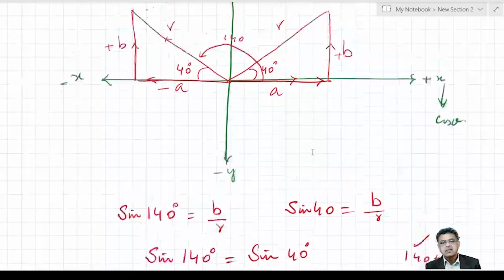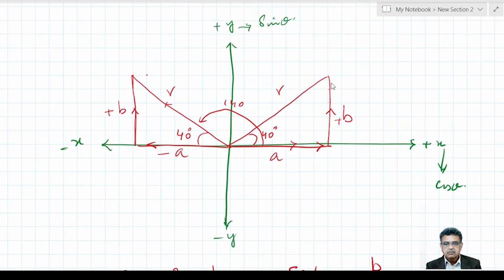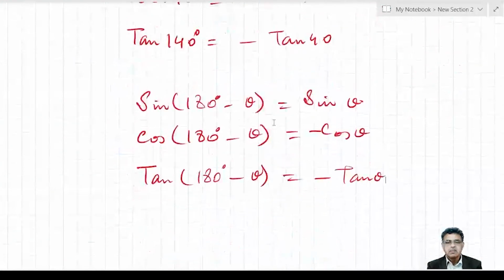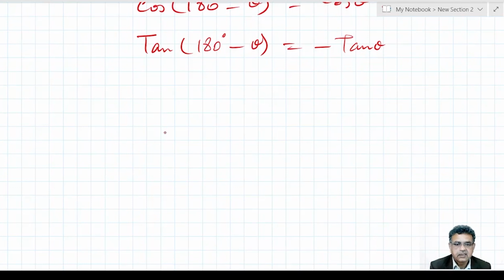For tangent theta, it can very clearly be seen that if this line has a positive gradient, this one has a negative gradient. Now further, there are many supplementary angles, like 60 and 120. 60 and 120 are supplementary angles of each other because their sum is 180 degrees.